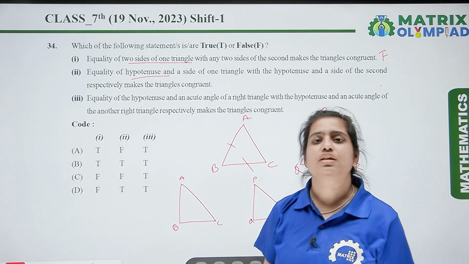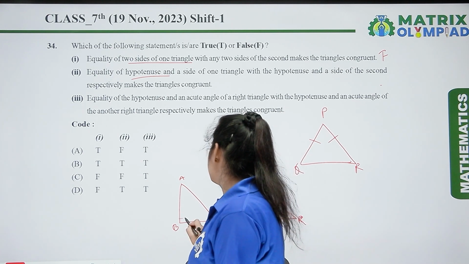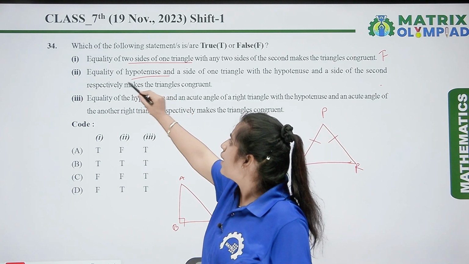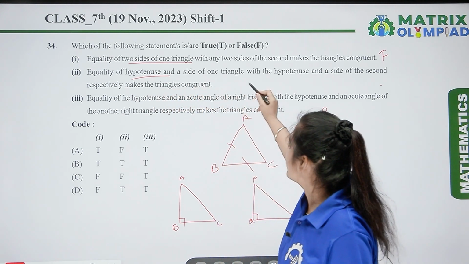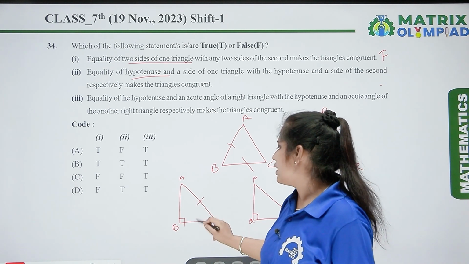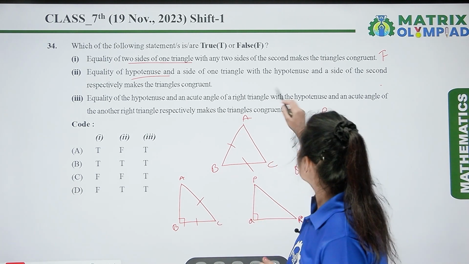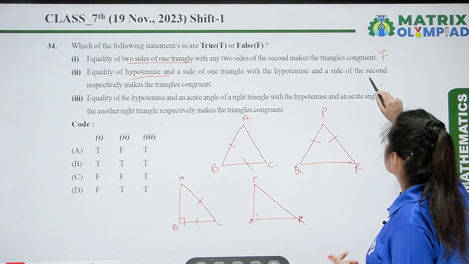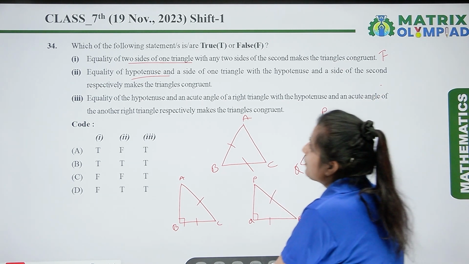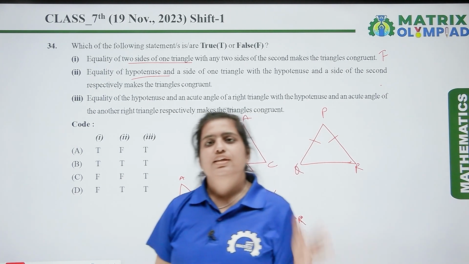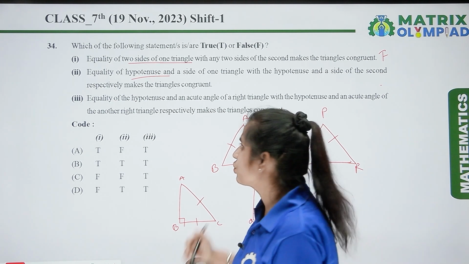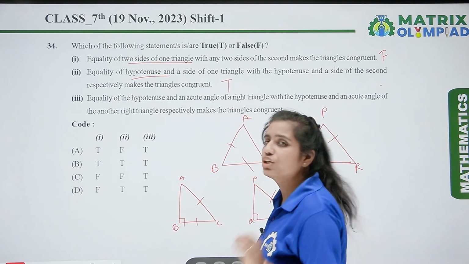Hypotenuse means it is in the right angle triangle. So in a right angle triangle, equality of hypotenuse and a side of one triangle. Hypotenuse and any side of one triangle with hypotenuse and a side of second triangle makes the triangle congruent. Yes, it makes the triangle congruent with the RHS congruency. So this statement is true.